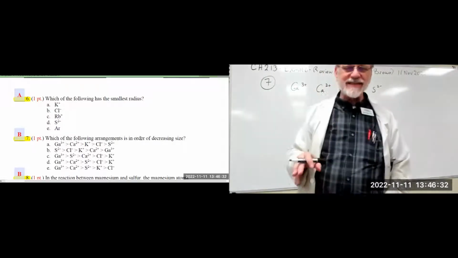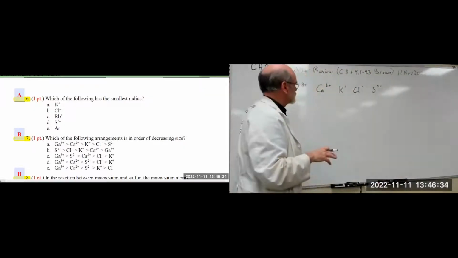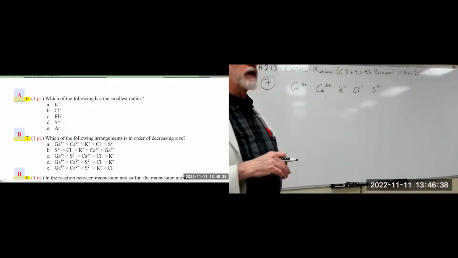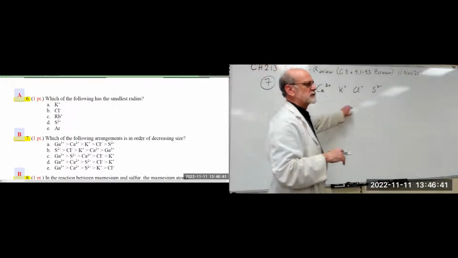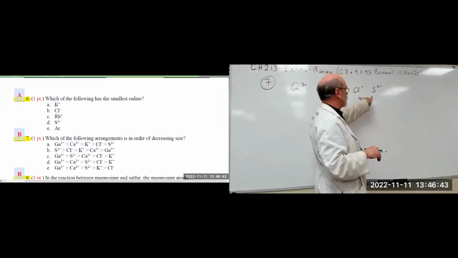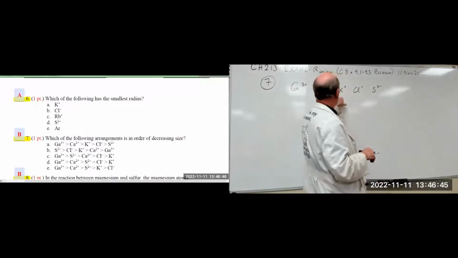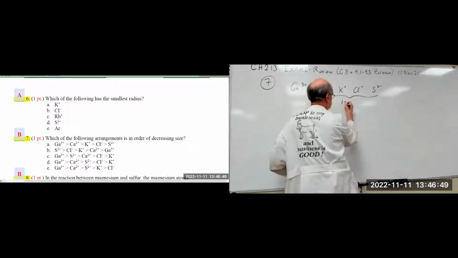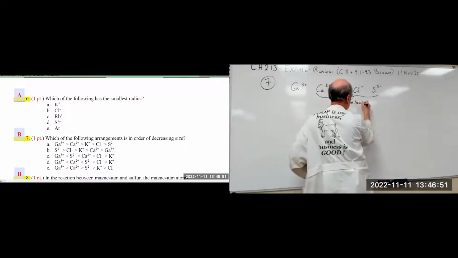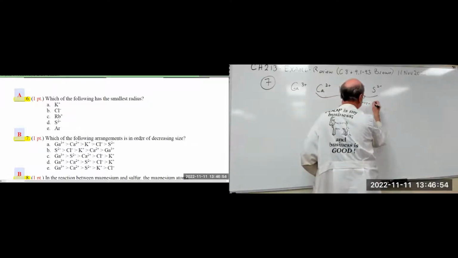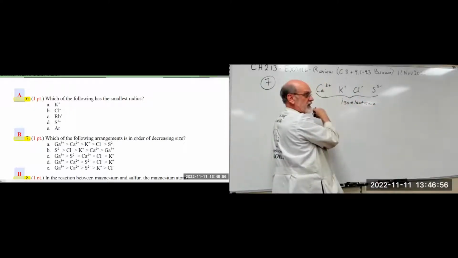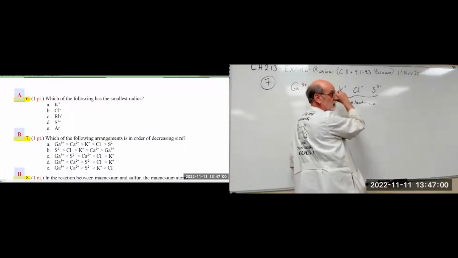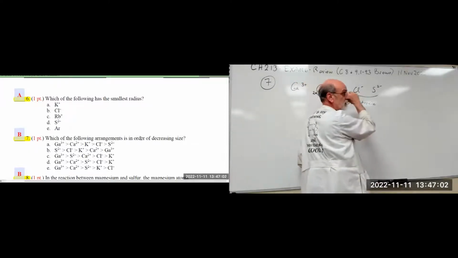Order of decreasing size. Now, do we have a situation here where we do have an isoelectronic series? There's sulfur, then chlorine, skip argon, go down to potassium. These are all isoelectronic. Calcium has 20 and 19 and 17 and 16.